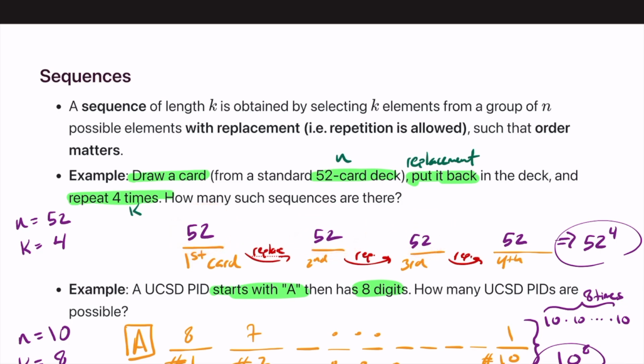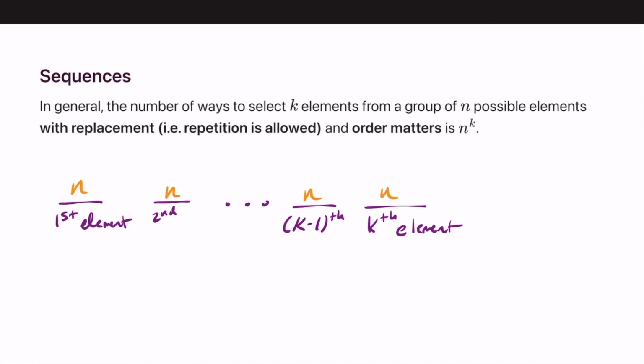So 52, because we have a deck of cards that is 52. So the generalization of this winds up looking like n times n times n, k times. So this gives us n to the... not over k times. What am I thinking? This occurs k times.